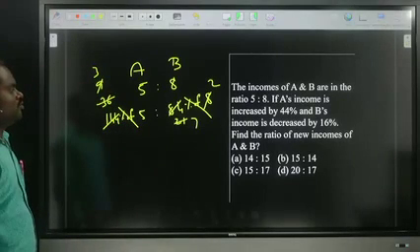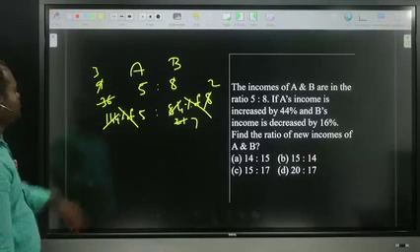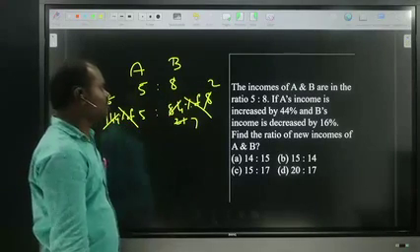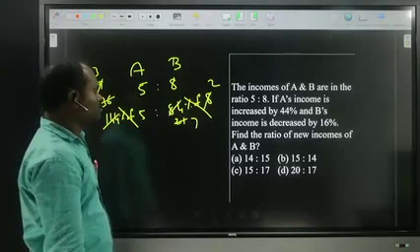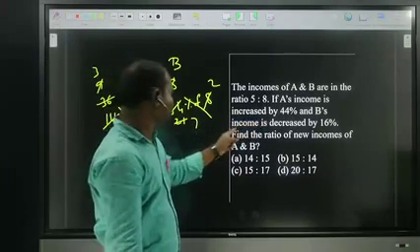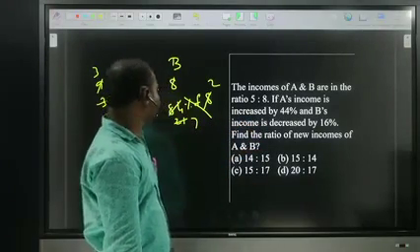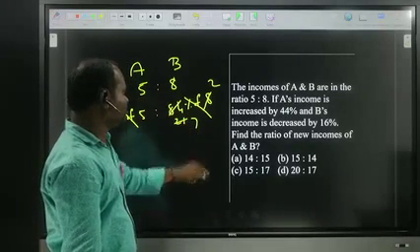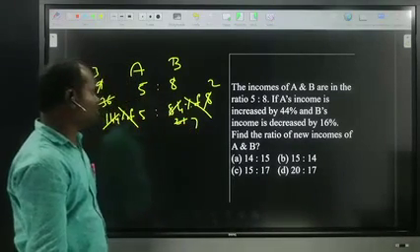So what is the ratio? 3 here, 7 twos 14. 144 and B's income decreased by 16 percent, 84% of 8. Find the ratio of the new incomes of A and B.